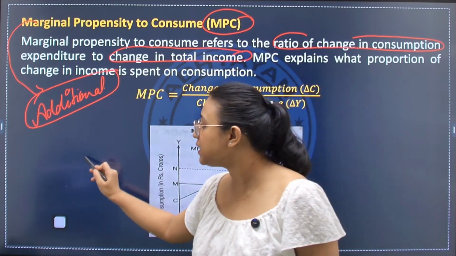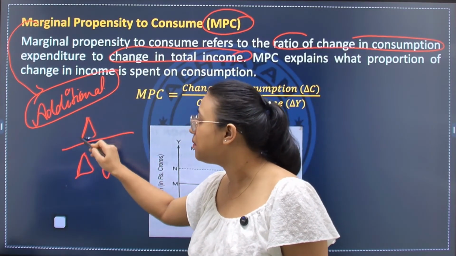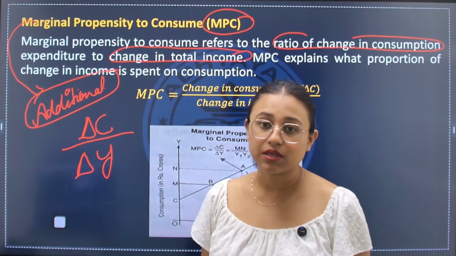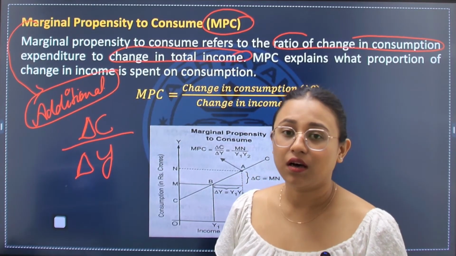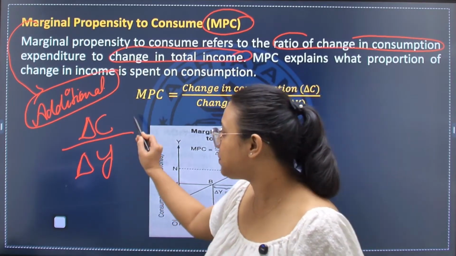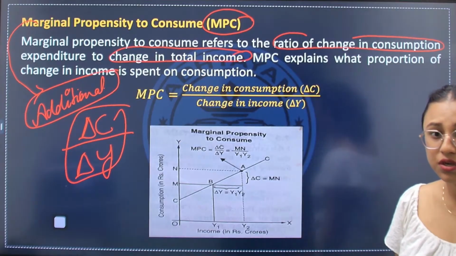That is, if we have an increase in income, out of this increase in income, how much do you spend on consumption expenditure? With additional income, how much consumption increases is captured by the concept of marginal propensity to consume.